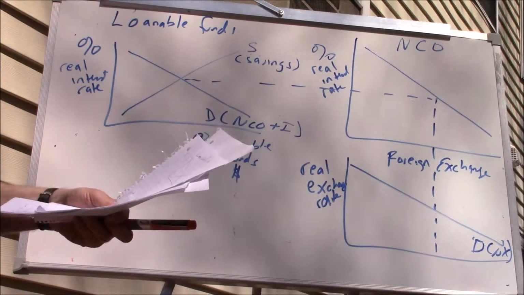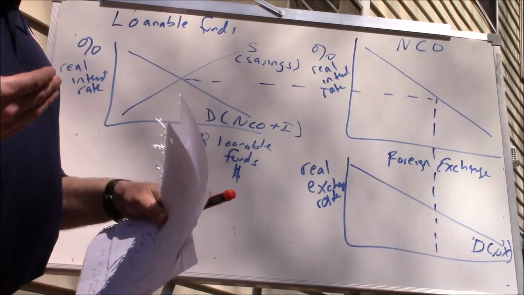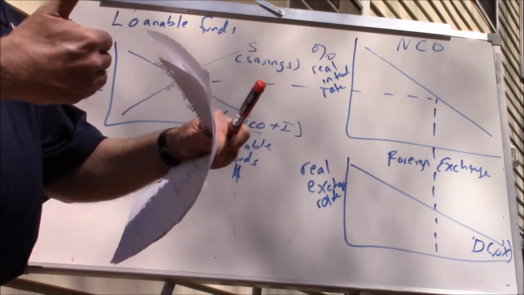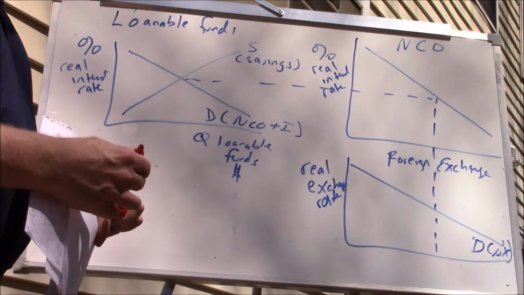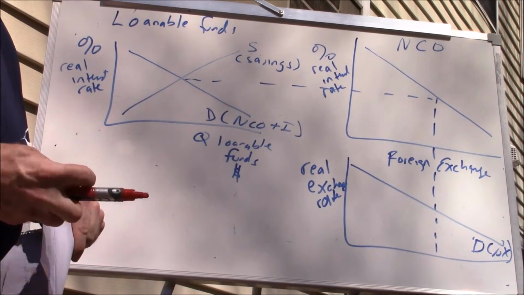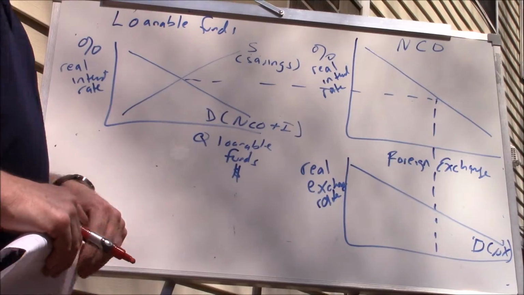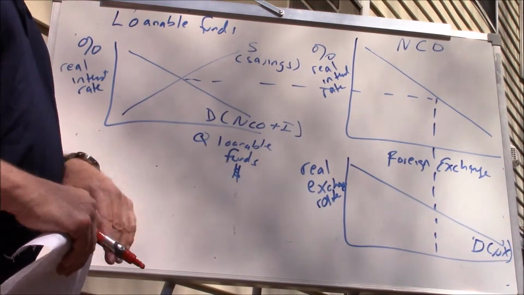But what's going to happen is if we decrease the amount of imports, there's less dollars demanded. So the demand for dollars is going to fall at any given exchange rate. But remember that net exports has to equal net capital outflow.